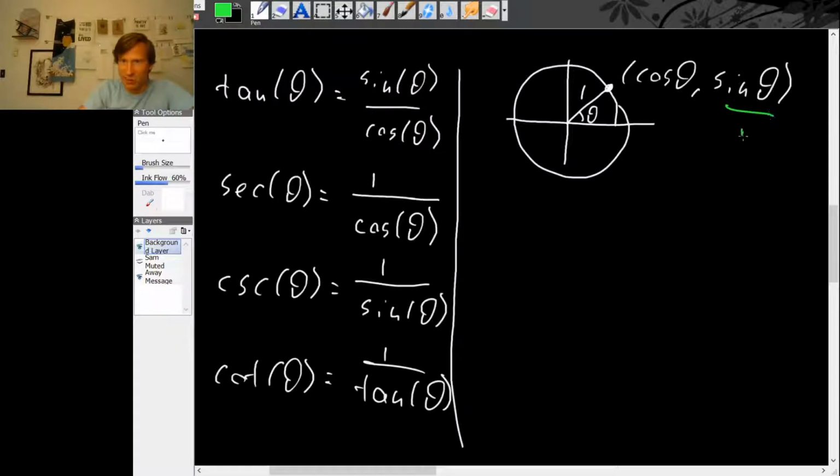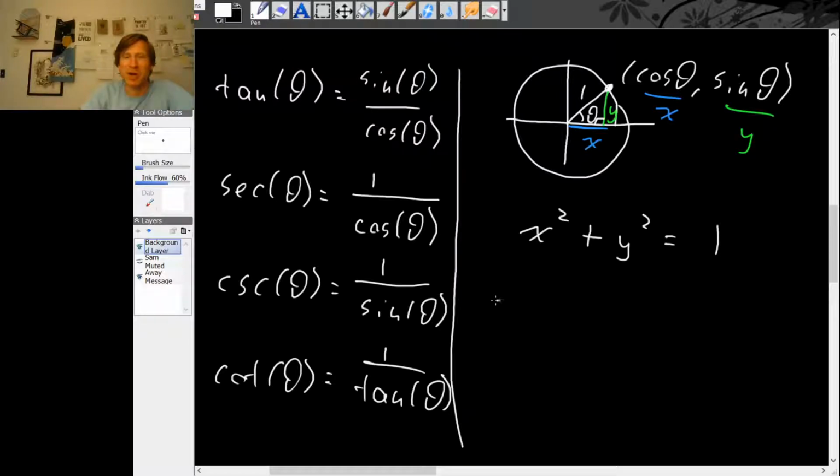So sine is the y coordinate of the point, and that's this green distance. Cosine theta is the x coordinate of this point, and that's this blue distance. And because we are in a right triangle, we can use the Pythagorean theorem. The Pythagorean theorem for this right triangle says that x squared plus y squared equals 1.